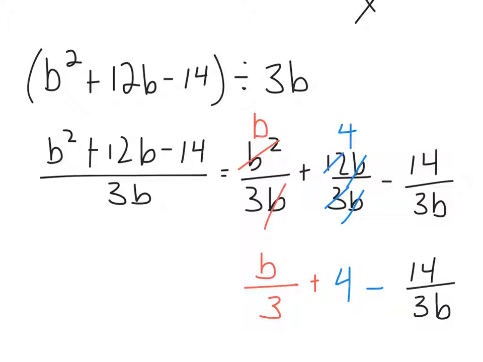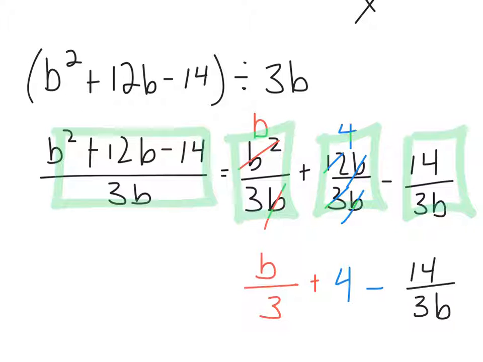Because we separated it into its individual pieces, right? So we took this one big problem, we broke it down into its individual pieces of fractions with the same denominator, and then I simplified. And then that's just your answer. And this is my answer. This is my final answer.